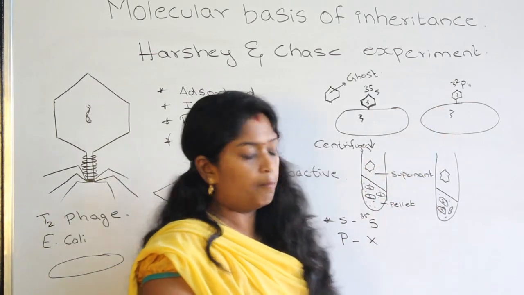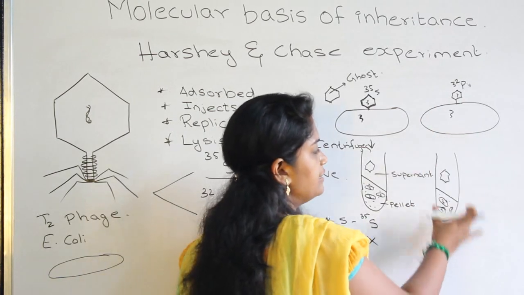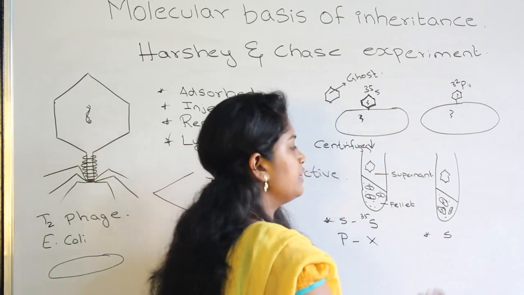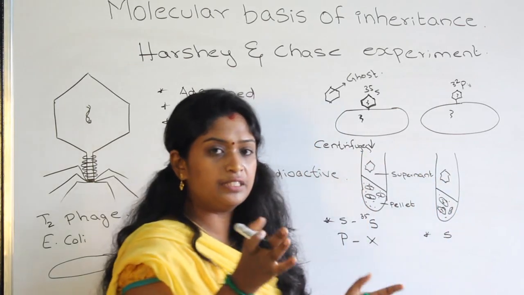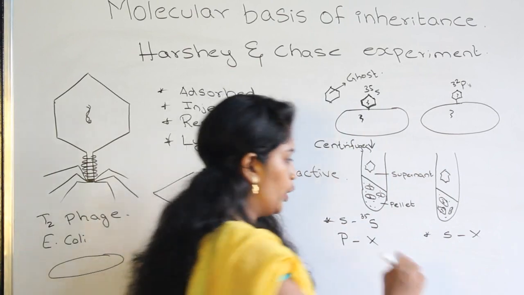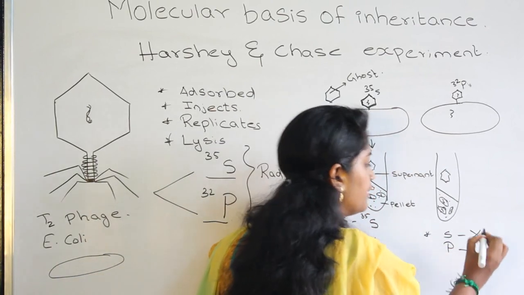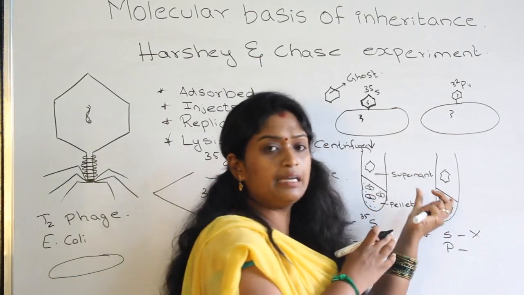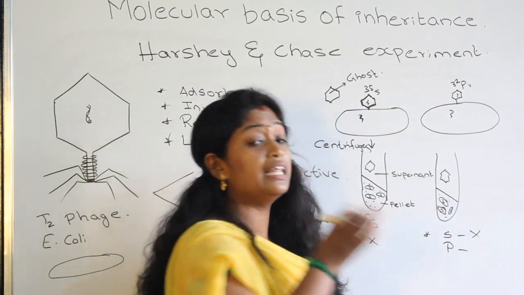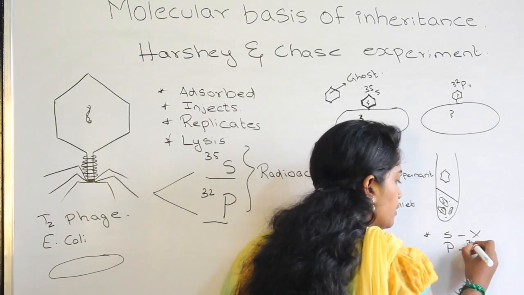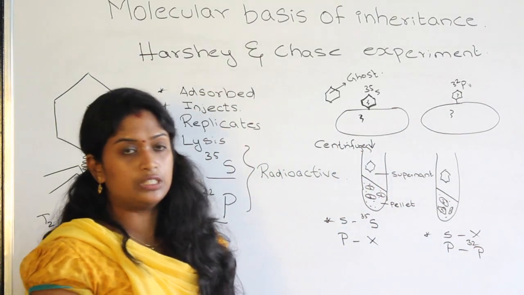Coming to this part, analyzing the pellet and the supernatant. Here the supernatant consists of the protein capsid, that is the ghost, without any radioactivity, whereas when analyzing the pellet, the dense host bacterium contained the radioactive phosphorus 32. They could find the radioactive phosphorus 32.